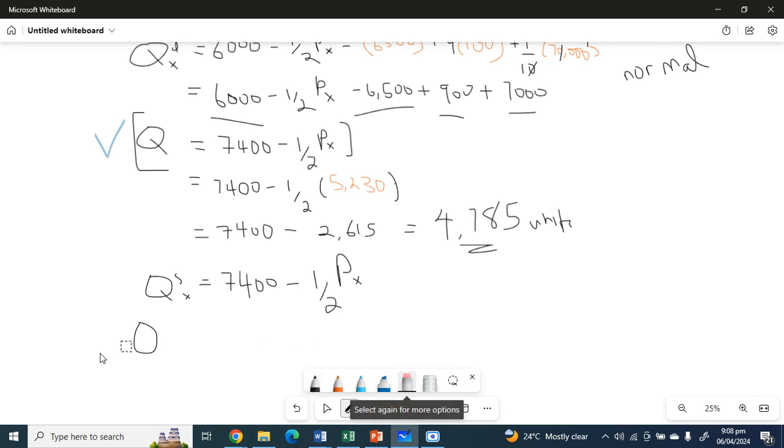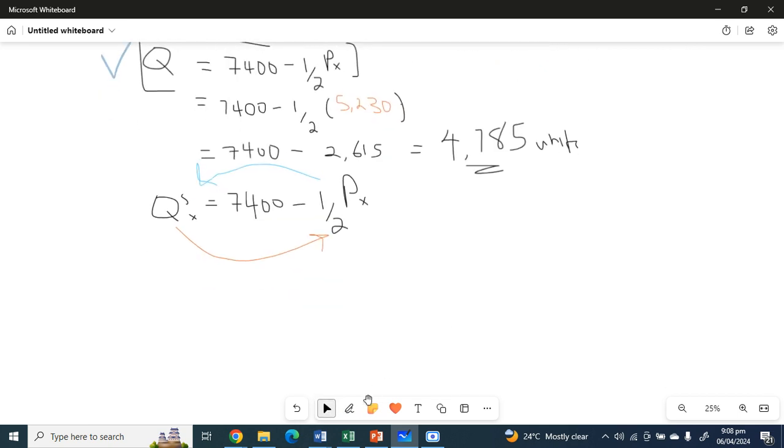What we can do is take negative half PX over the equal sign, and QX also. So this QX will come this side, and half PX will go this side. Since it's negative, when it crosses over, it becomes positive. Half PX equals 7,400 minus QX.